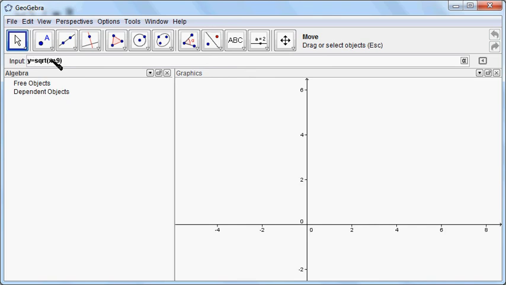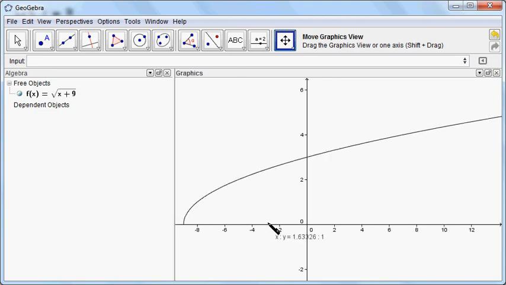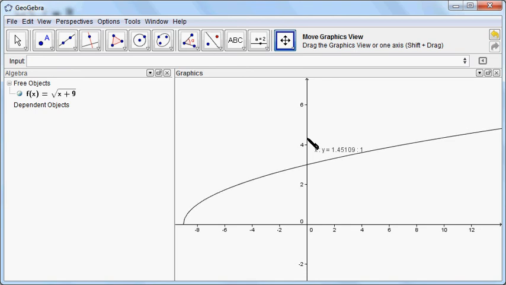Then I'll sketch that, and move the scale a little bit so that we can see the graph.